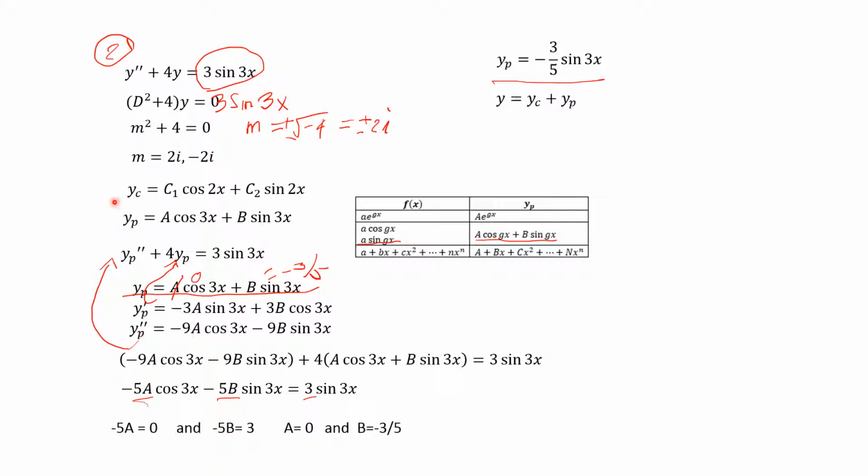Here is our y sub c, and already we know y sub p. So add the complementary and particular solutions. We have the general solution: c1 cosine 2x plus c2 sine 2x minus 3 over 5 sine 3x.